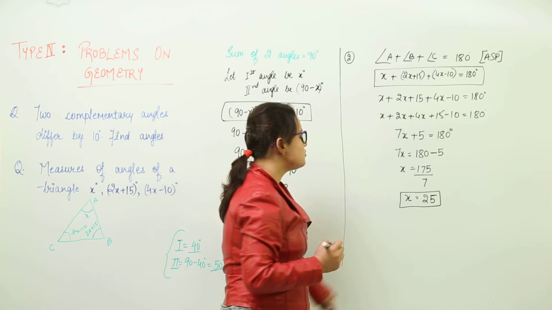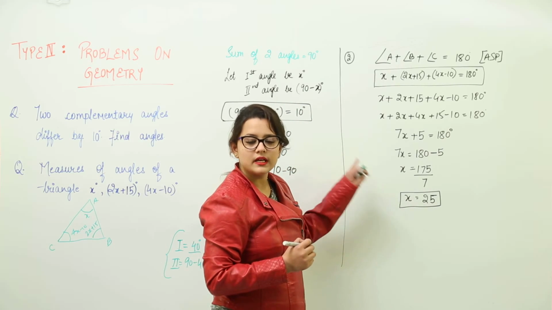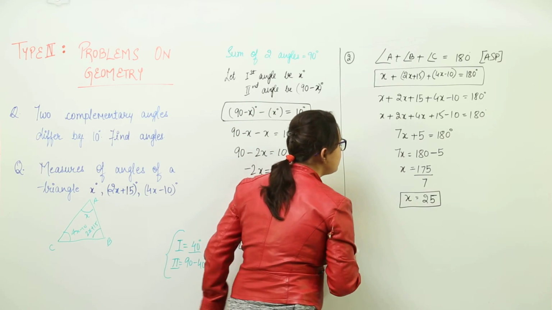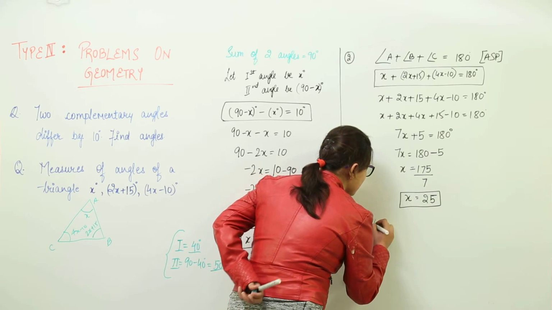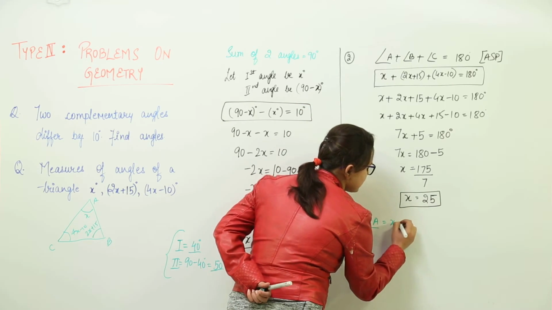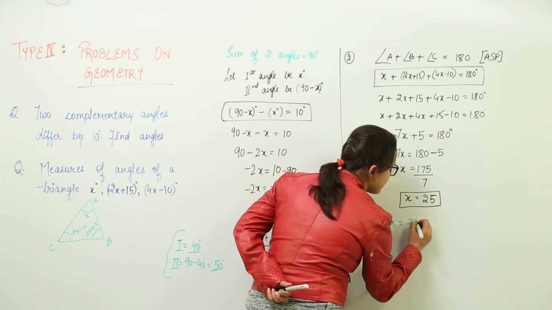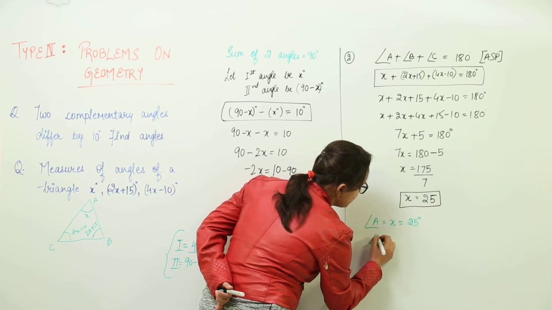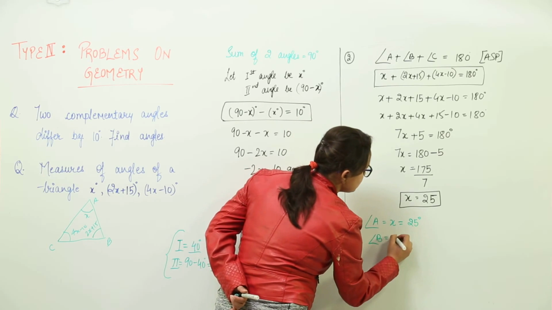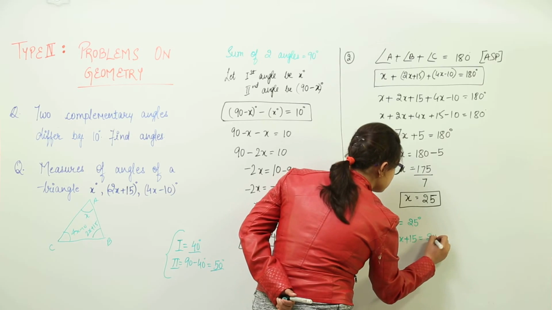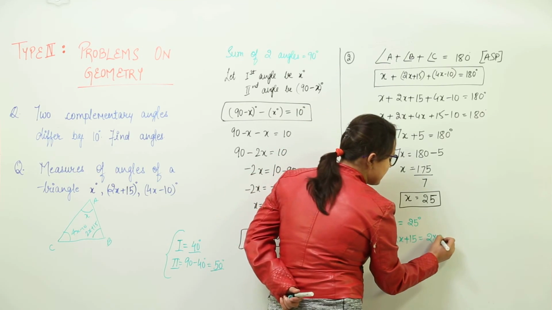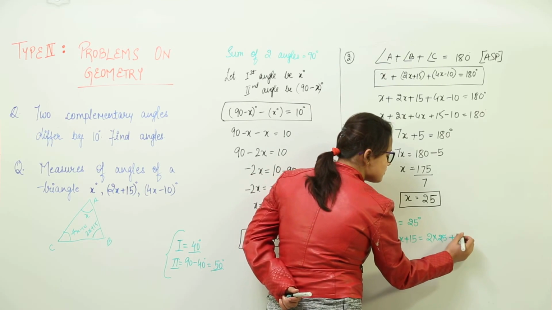What was the assumed value of x? It was angle A. So we can write the conclusion that angle A of the triangle, that was x, is equal to 25 degrees. Angle B, that was assumed to be 2x plus 15, will be equal to 2 into 25 plus 15.